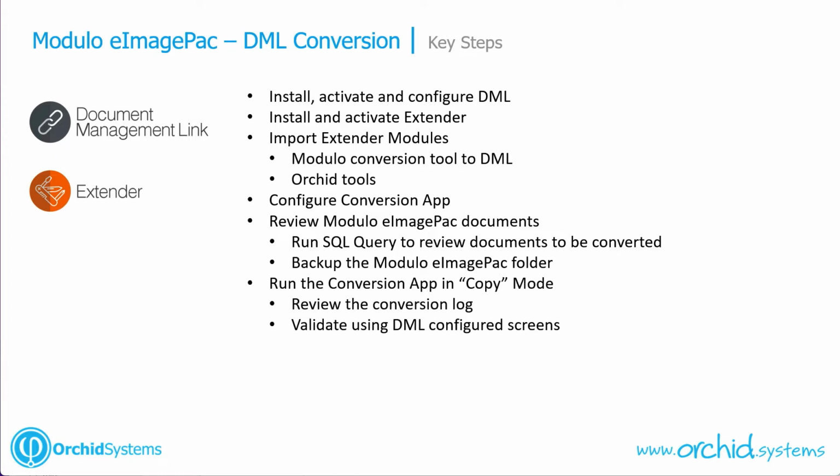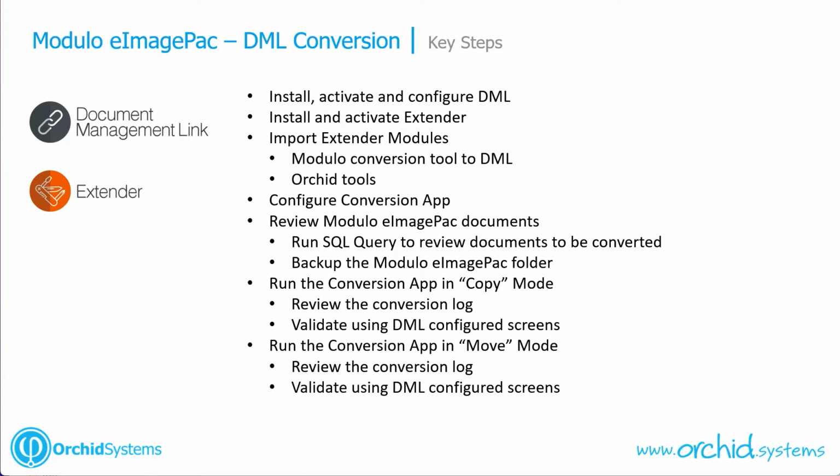Then run the conversion in copy mode, which will copy all the files to the configured DML folders that you can then validate using your DML configured screens. And then the final run would be to move, and it would move the files from the eImagePac folder across to Document Management Link folders, and then any files that you are left with in the eImagePac folder would be error files or things you need to deal with manually.